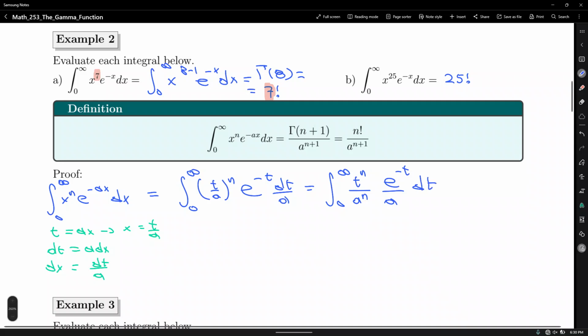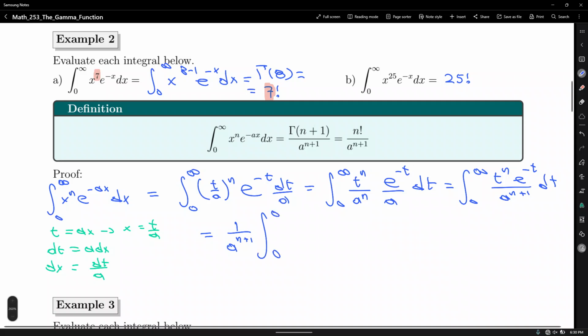All right, putting these exponents together, this is equal to the integral from 0 to infinity of t to the n e to the negative t, over a to the n plus 1, dt. And actually, this a to the n plus 1 is just a constant that can go outside of the integral.